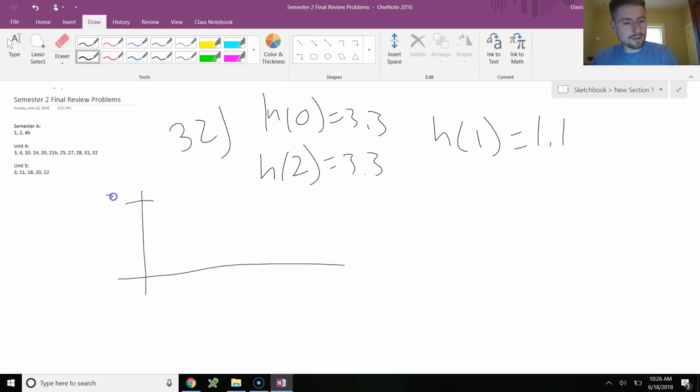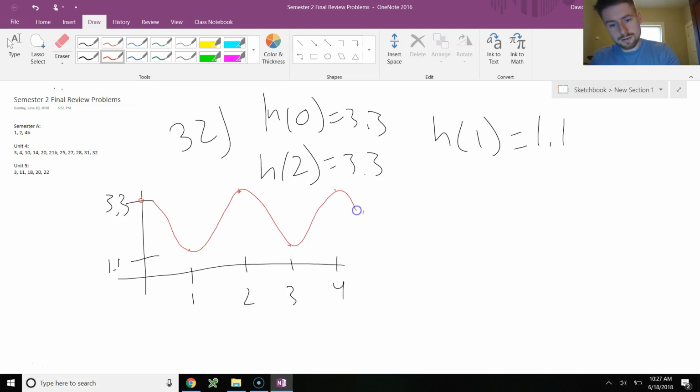Here's 3.3, here's 1.1, and we've got times of 0, 1, 2, 3, and 4 seconds. If I sketch this, we start off at 3.3, at 1 second we're at 1.1, at 2 we're back at 3.3, then 1.1, 3.3, so that's our curve.